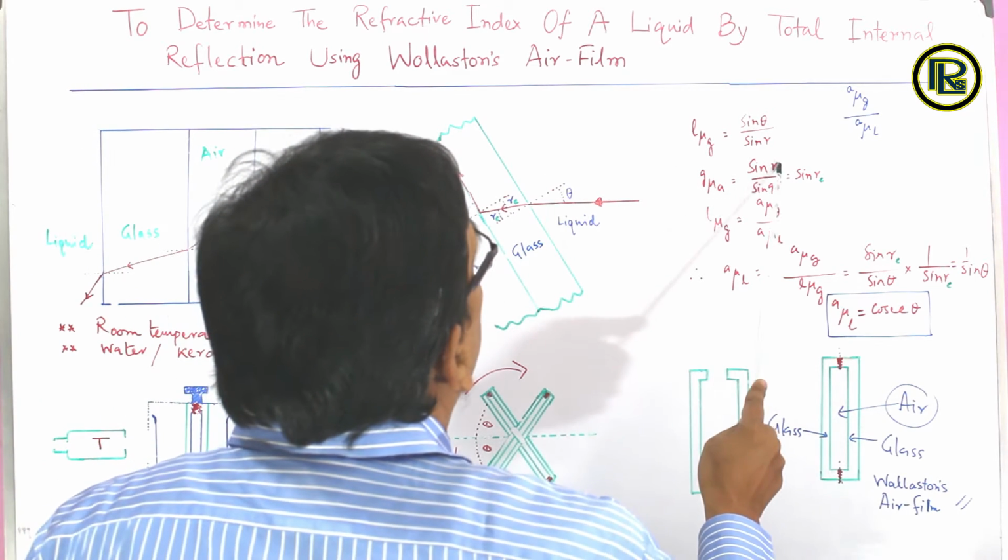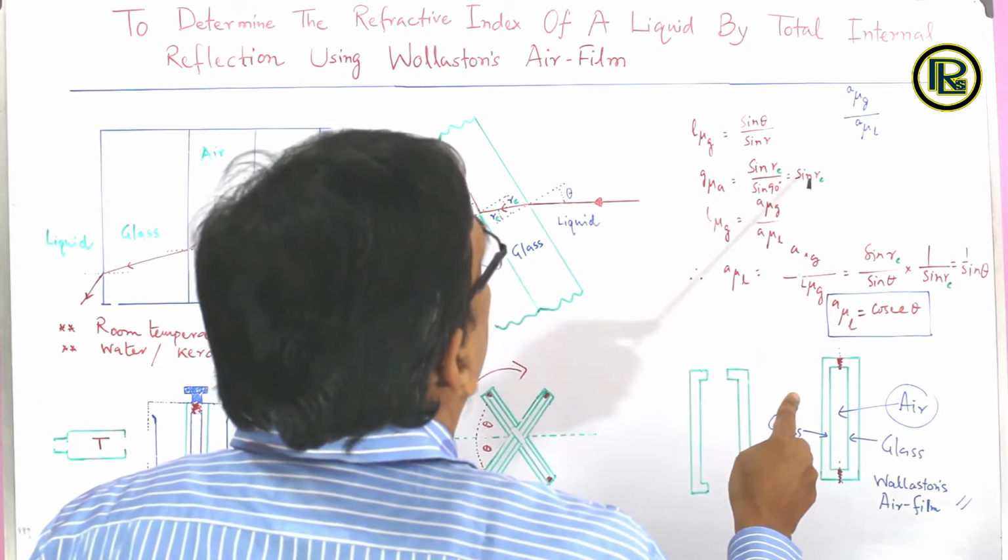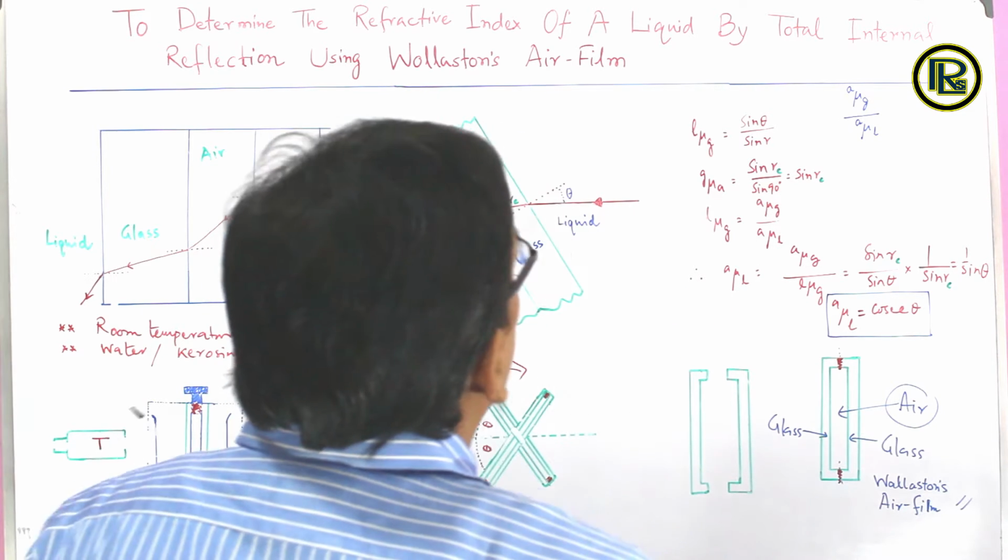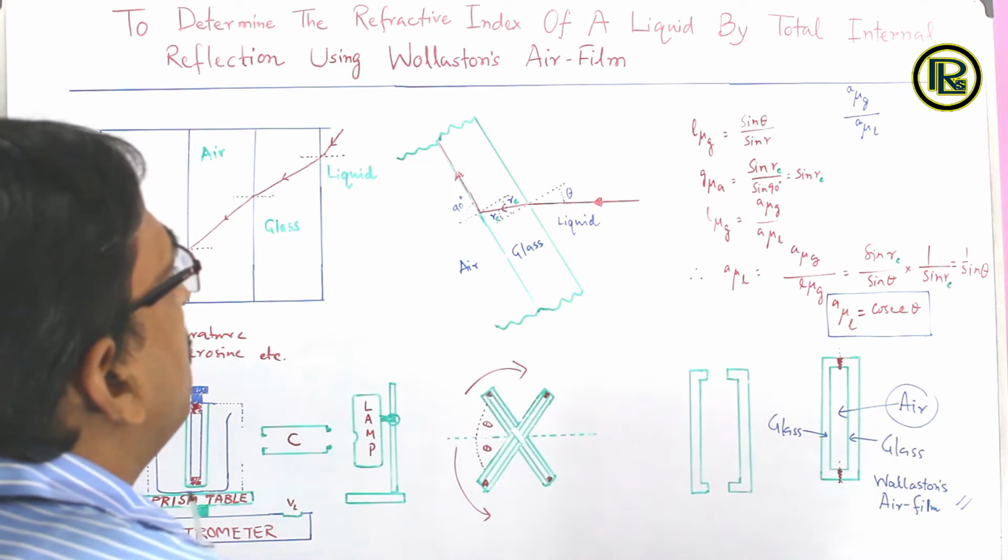Therefore sin RC by sin 90 degrees is equal to sin RC.